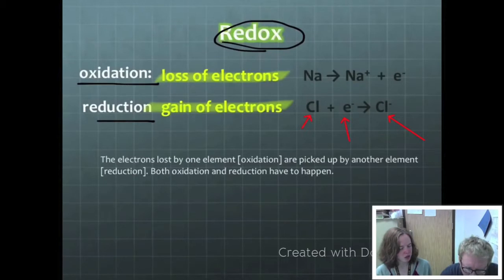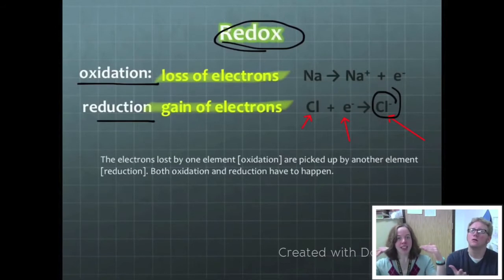It's a free element, and free elements are zero. It picks up an electron, and now its oxidation number is what? -1. So it's gone from 0 to -1. It went down. It got reduced.